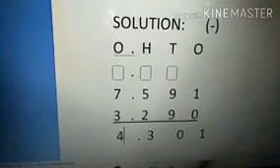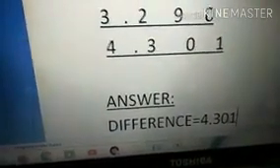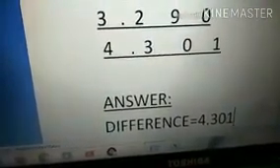So our answer is 4.301. So our answer, difference is equal to 4.301. Children, I think you all studied addition and subtraction well under the chapter tenths and hundredths. Thank you, children.